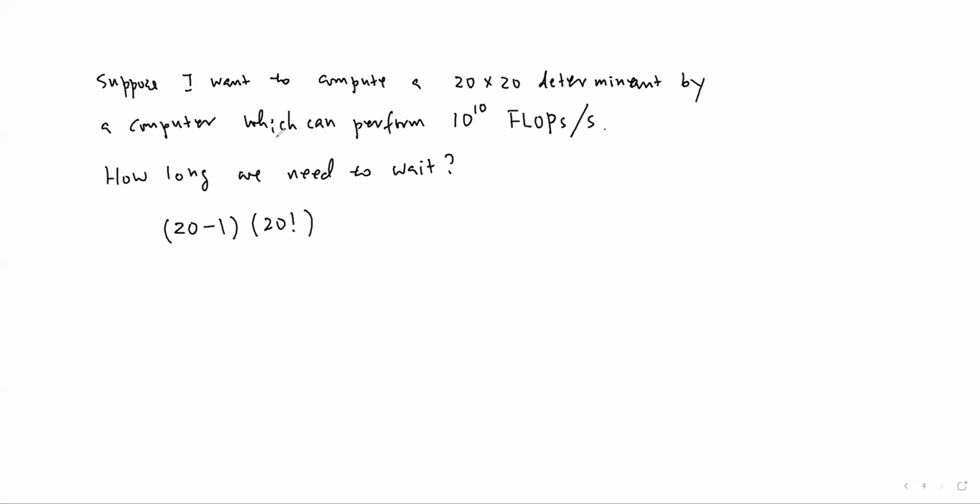I suppose the computer in 1 second can perform 10^10 multiplications. So how long do we need to wait? Divide this number by 10^10. We need to wait for so many seconds. Now, calculator.